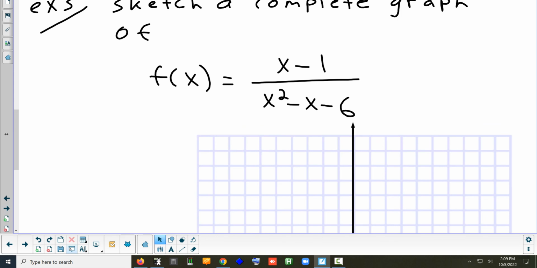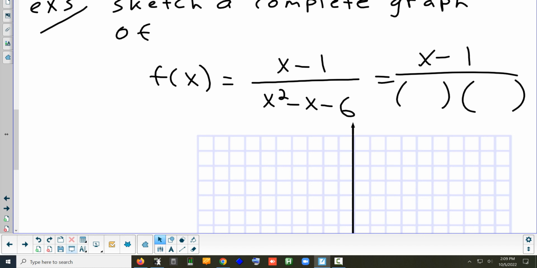Now, I know I'm going to need to figure out the zeros of the bottom. So I might as well just factor the bottom right away, if I can. Let's see if we can do it. When I start to factor the bottom, does anybody see what the first term would be in each parenthesis?